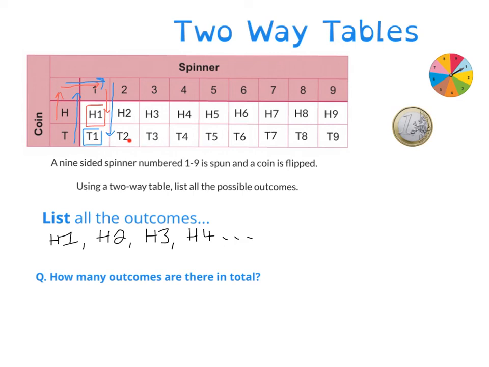From adding up all of these boxes at the bottom and all of these boxes on the top, we know that we must have 18 outcomes. 2, 4, 6, 8, 10, 12, 14, 16, 18. Or you could have added 9 and 9.